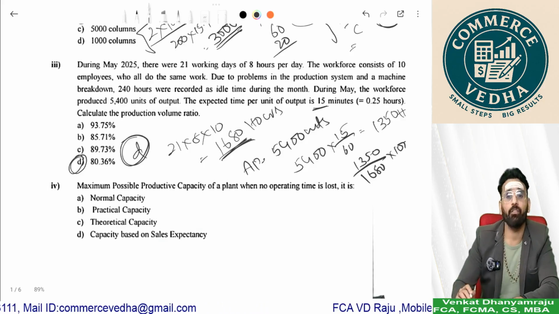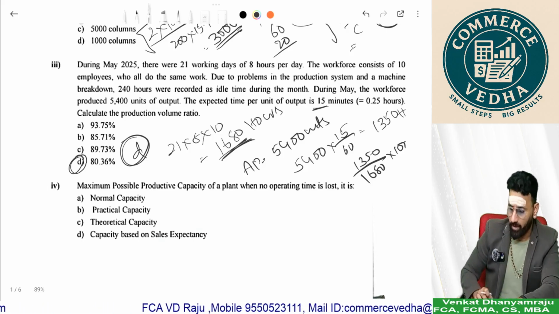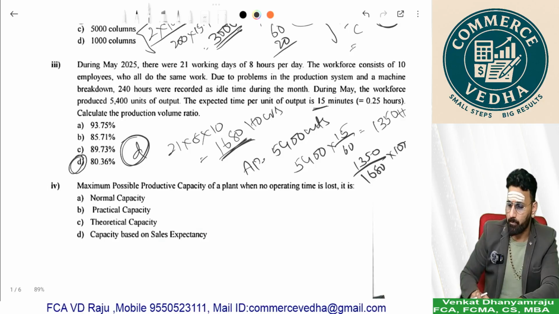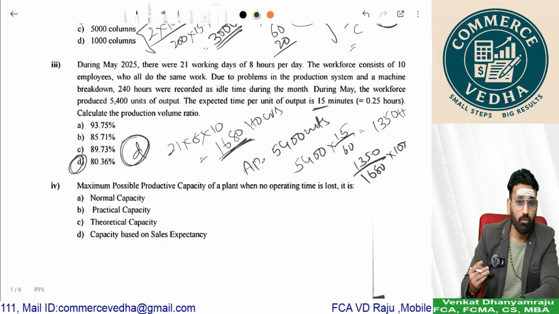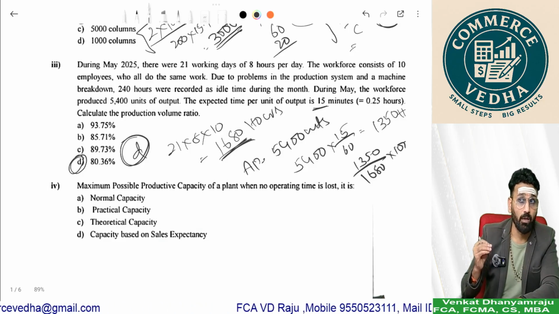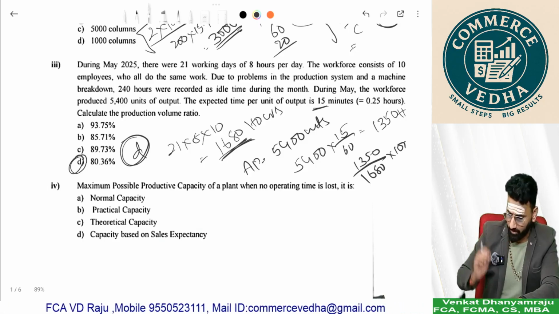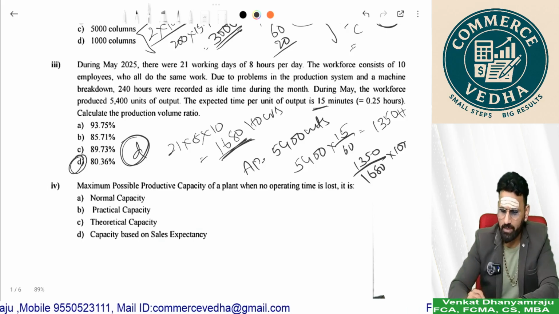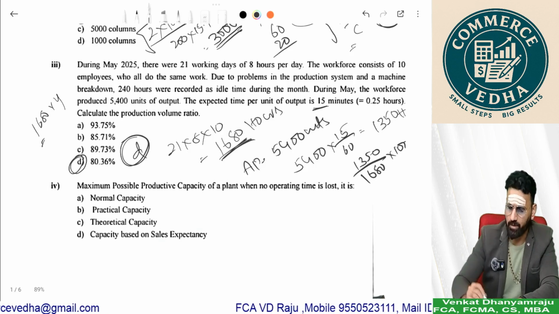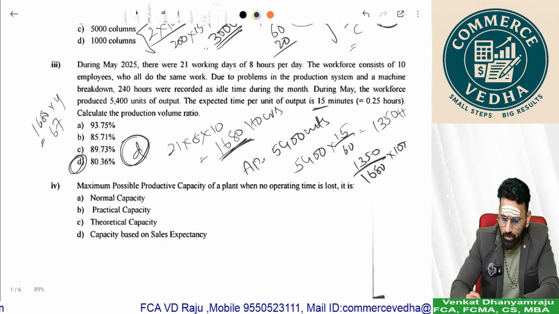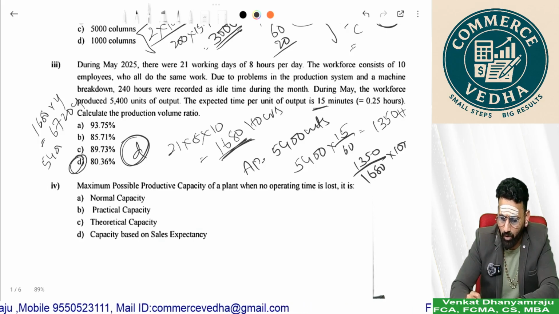It can be done in a different way, wherein you can compute the production. 1680 hours you worked. Each hour you should produce 4 units, because of 15 minutes. So 1680 into 4, you are expected to produce 6720 units, but the actual production is 5,400 units.